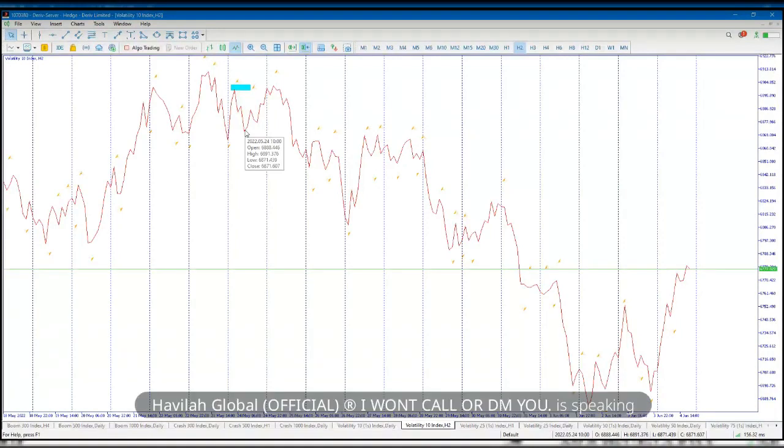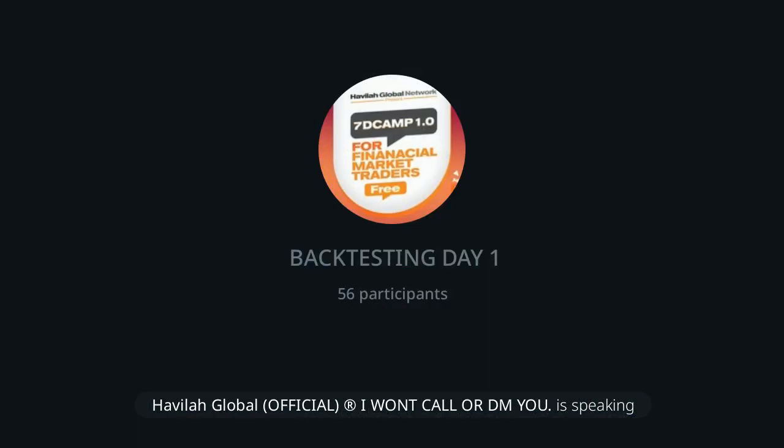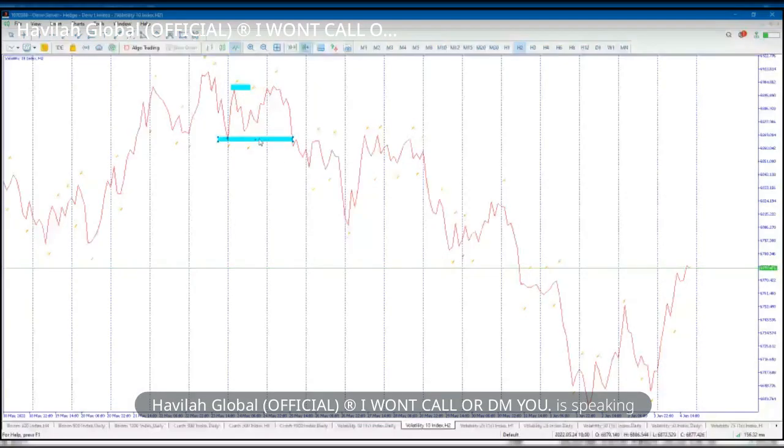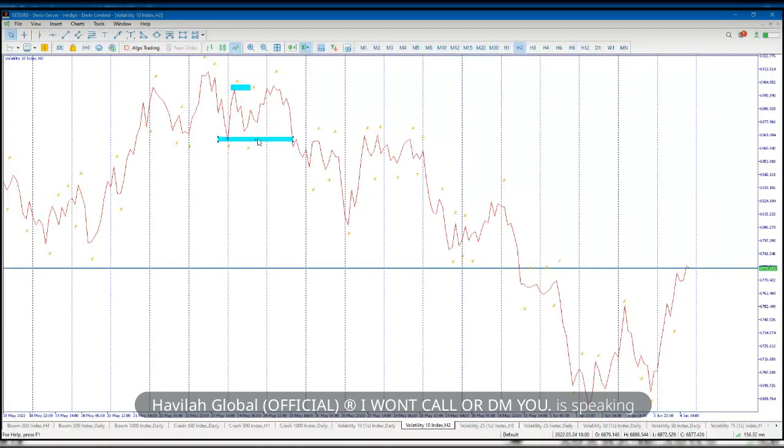From this bias, looking at this now, you will know that this zone still got respected. And if this zone gets respected, then price will likely go to the POI that is higher than where it turned back from.